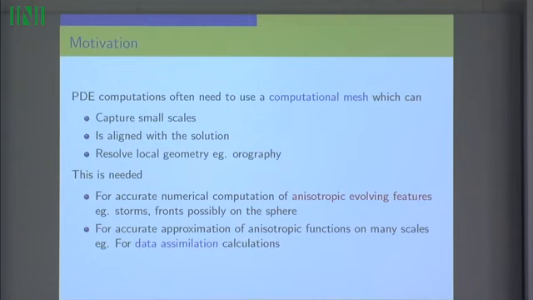You want to use a mesh which can capture behavior on small scales. If your solution is anisotropic, you probably want to align your mesh along anisotropic features, and you may want, as I say, to adapt the mesh to deal with complicated local geometry.